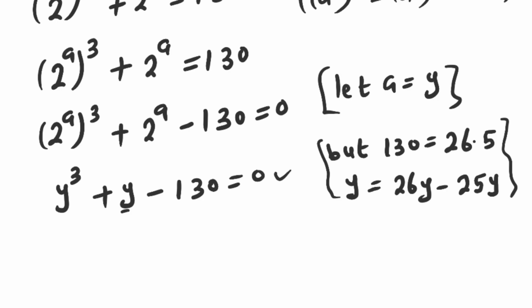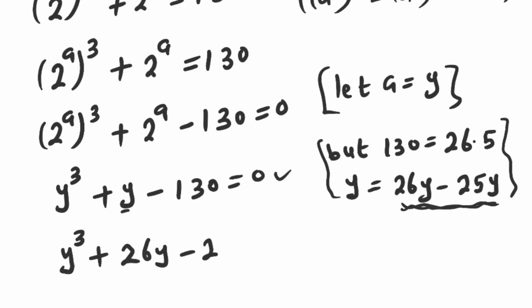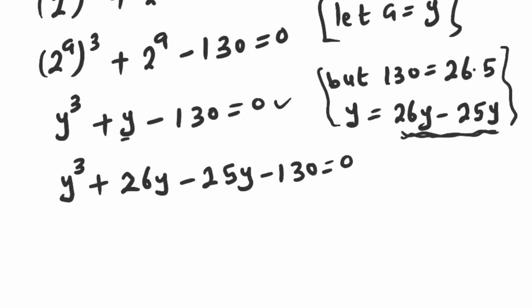So the whole of this can be written as y raised to power 3, plus y now will be replaced by 26y minus 25y, minus 130 is equal to 0.